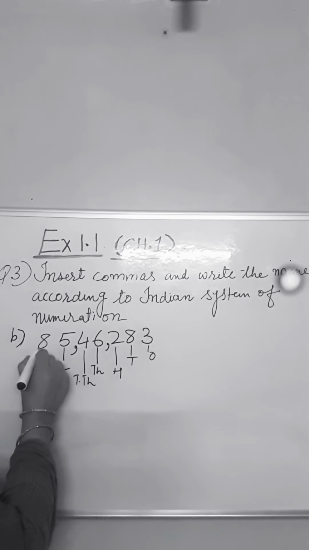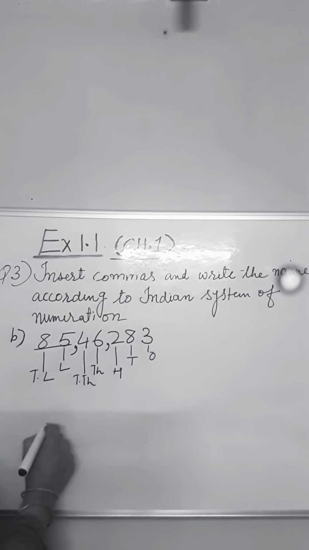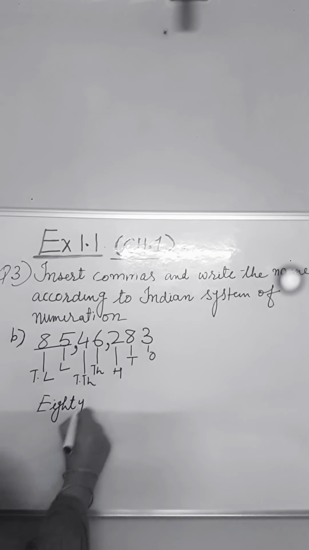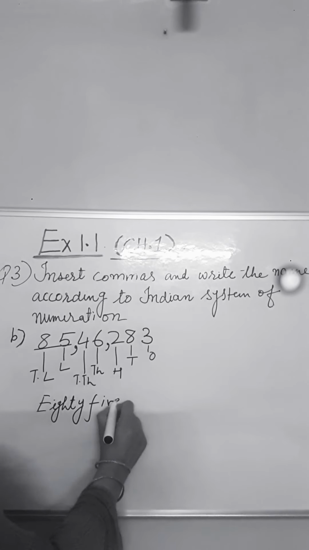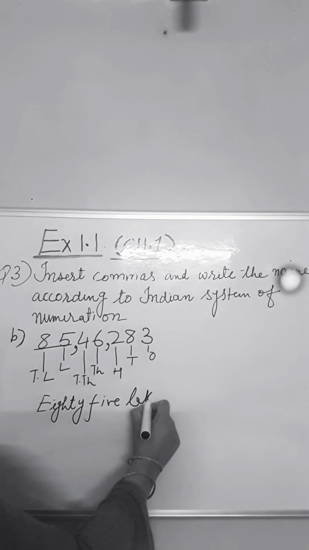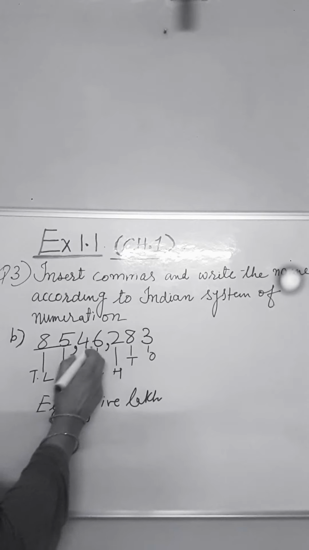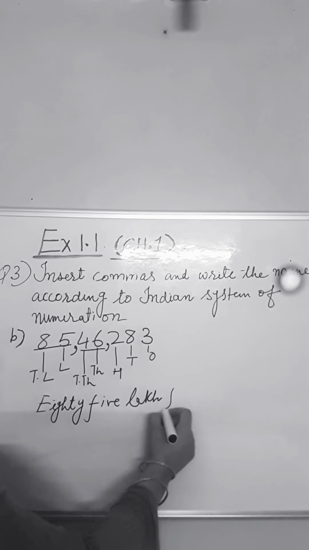So how will we write? At lakh and 10 lakh place the number is 85, so we will write 85 lakh. Then the number at 1000 and 10,000 place is 46,000.